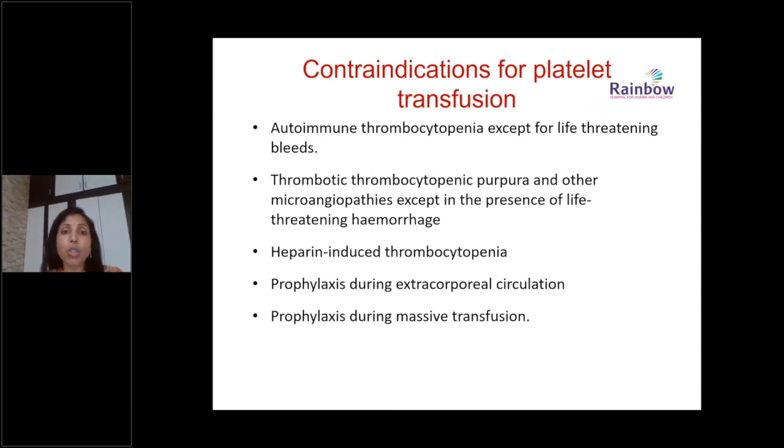Going by that, one has to consider carefully whether you really have to give platelets or not in that situation. Whereas if you are looking at a child with massive transfusion, a scenario where blood loss is heavy, then you get dilutional effects with colloids or crystalloids pumping in with heavy blood loss.